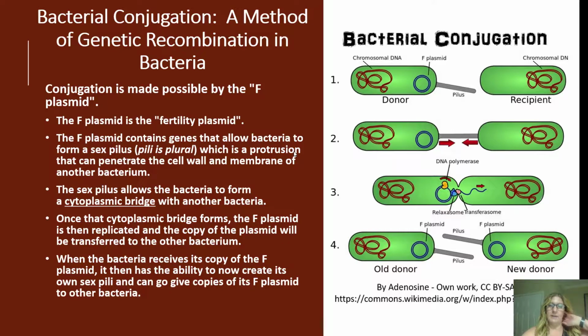The pilus is a protrusion which can penetrate another cell, penetrating the cell wall and the membrane of another bacterium, and it actually will create a cytoplasmic bridge between the two bacterial cells. Once this cytoplasmic bridge has formed, then the F plasmid will make a copy of itself, and one of those copies will be donated to the bacterial cell that did not have the F plasmid.